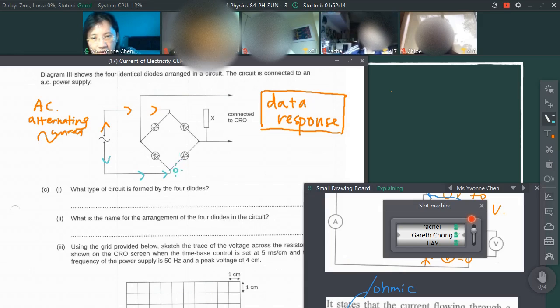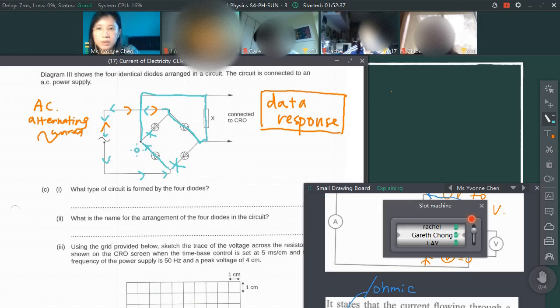Cannot, right? So current only goes this way. Then can the current go up here? Also cannot. So I'll show you the path of the current. Then it goes this way, then the current flows back to the other terminal. This is one path.